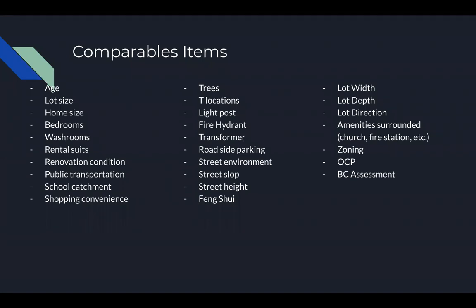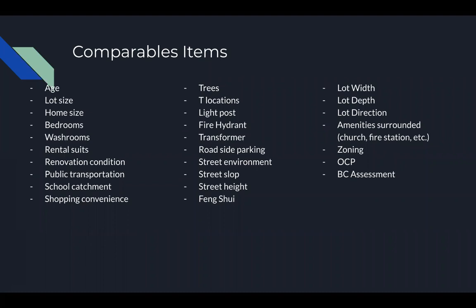So, comparable items. If you compare 5 houses, other houses maybe sold for 1 million and you're trying to price your house. You have to look at many items to compare, not just the lot size, house size, and how many parkings. You have to look at the age of the house, the lot size, home size, bedrooms, washrooms, rental unit, if they're renovated, if they're close to transit, or is it a good school catchment?